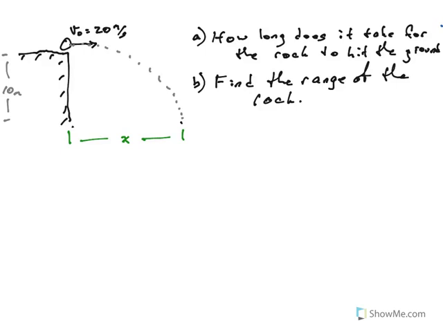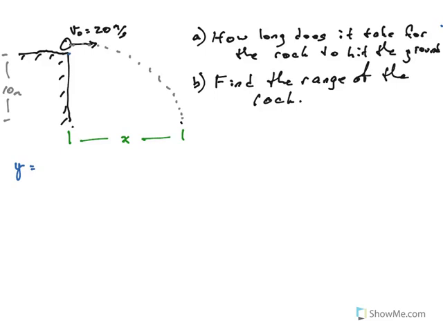First, there's two distances in this problem. The rock can move up and down vertically, and it can also move left and right horizontally. Let's look at the vertical distance. Let's call it y. What is the y distance traveled by this rock?